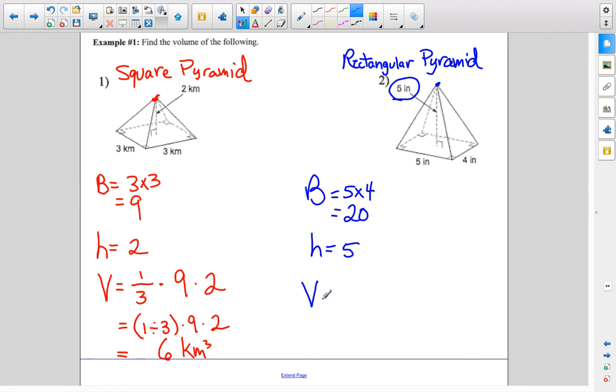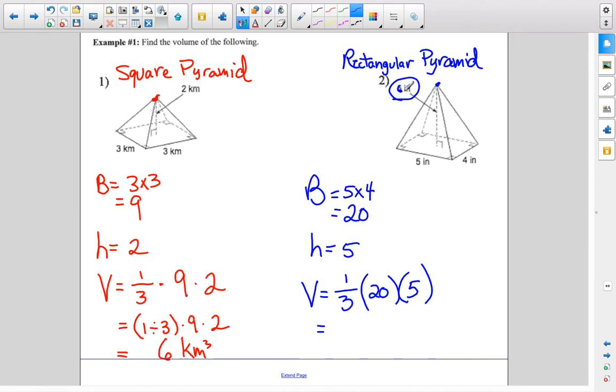And so our volume, because it's a pyramid, is 1/3 times 20, the area of our base, times our height, which is 5. So we get 1/3. Oh, is that a 5 or a 6? Maybe it's a 6. Okay, in my book, I wrote this as a 5 because in the book, it looked more like a 5.